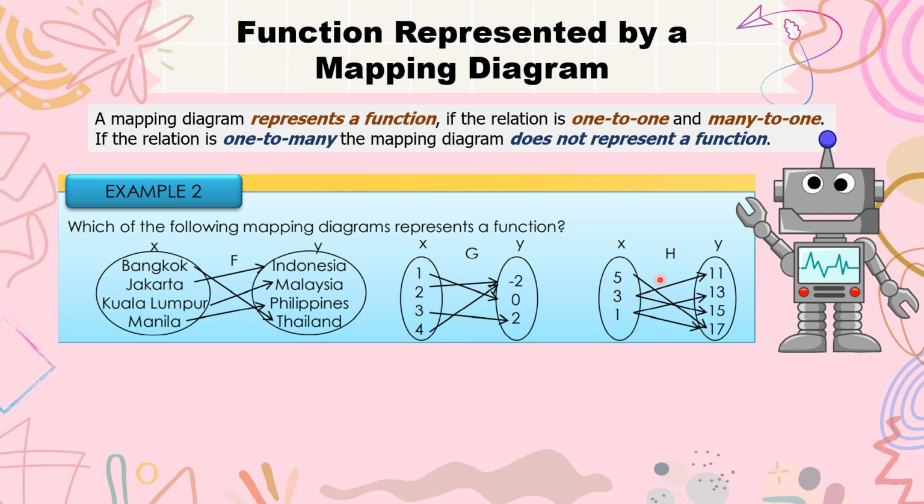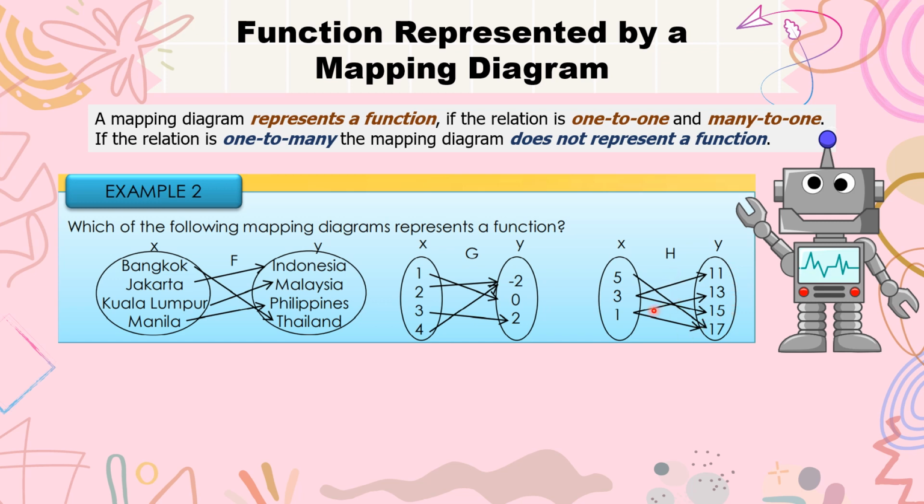Let's have relation H, our last diagram. 5 is paired to 17. 3 is paired to 11. And again, 3 is paired to 15. So naulit yung ating x value na 3 na na-pair sa y value na 11 at 15.